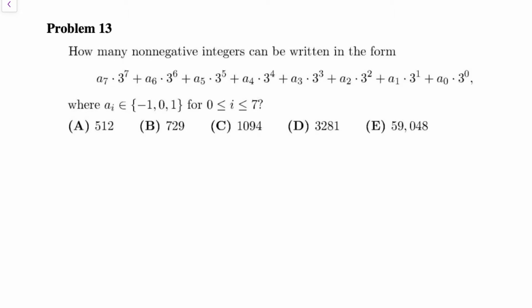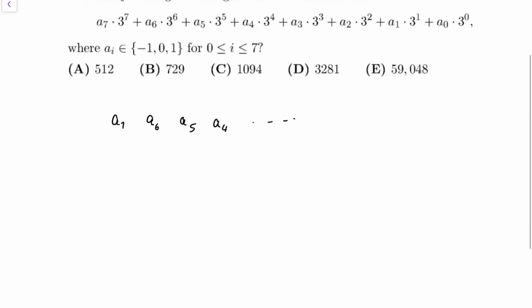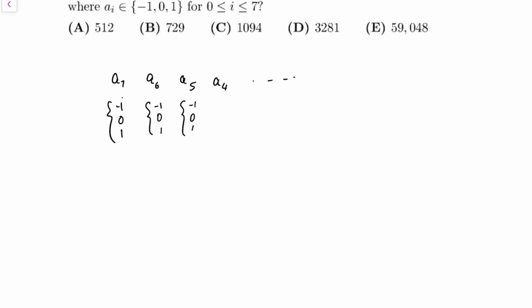So at first glance, we are just figuring out all the combinations of a7, a6, a5, a4, all of these, where a7 could be -1, 0, or 1, a6 is also -1, 0, or 1, a5 is -1, 0, or 1. We're just trying to see how many combinations there are.